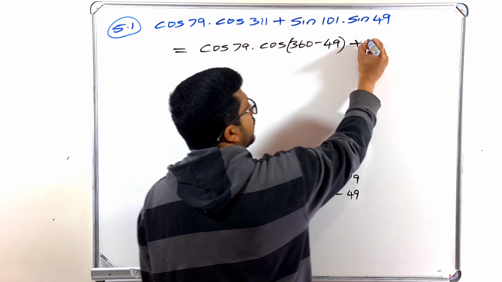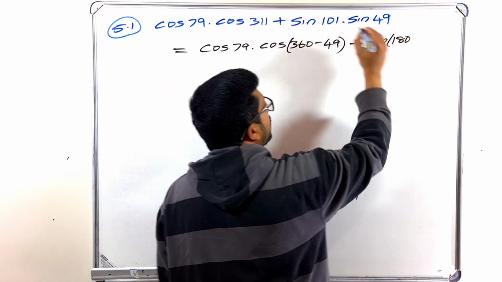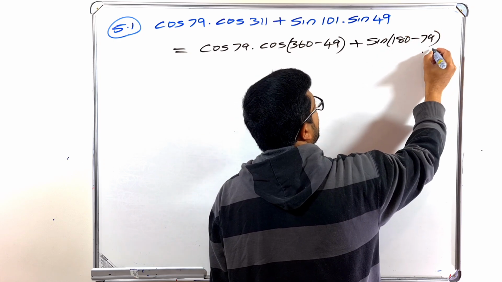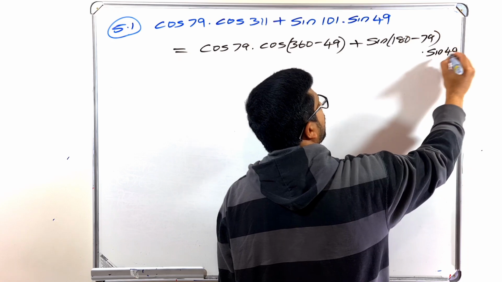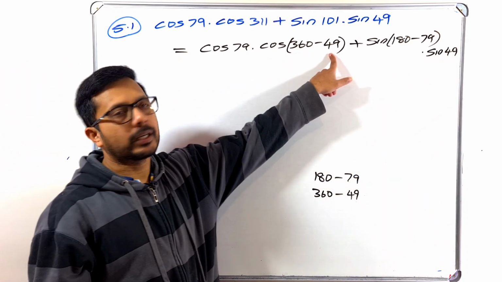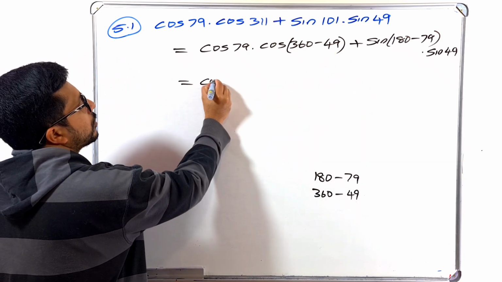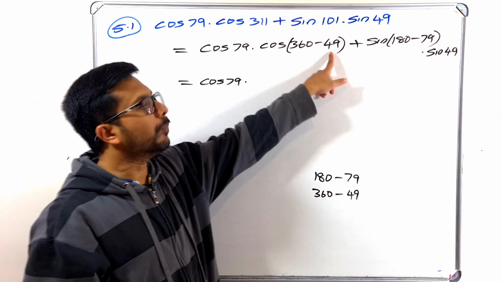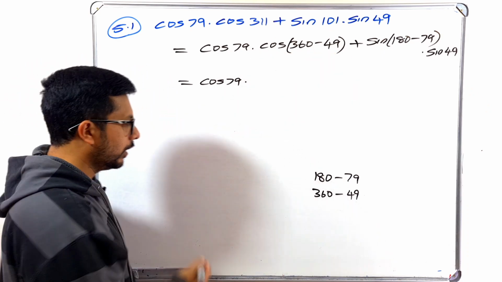We can write it like this: sine of 180 minus 79 times sine of 49. So now we have to apply the reduction formula here. So this is equal to cos 79 times cos of 360 minus 49.